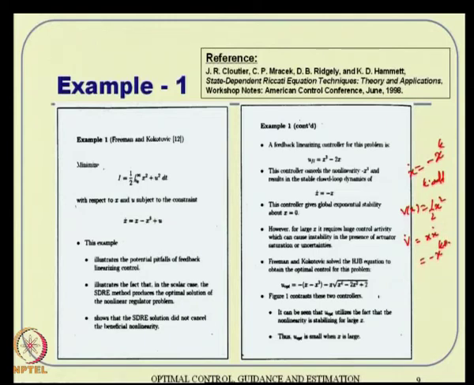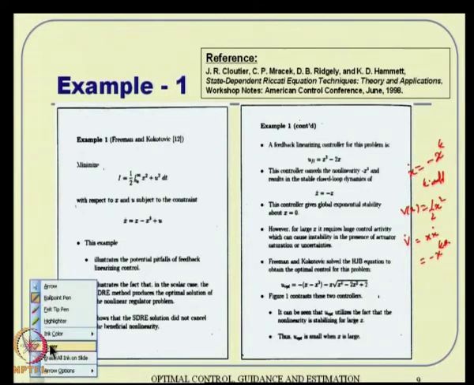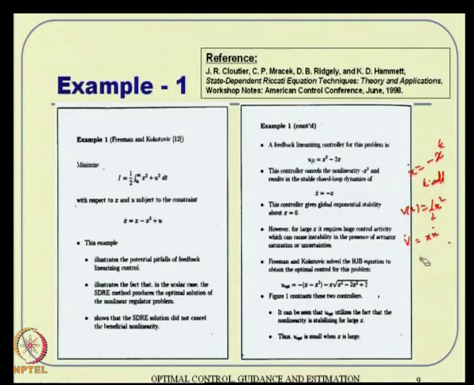So, k plus 1 happens to be even, and hence it is always negative definite, and hence is stabilizing.